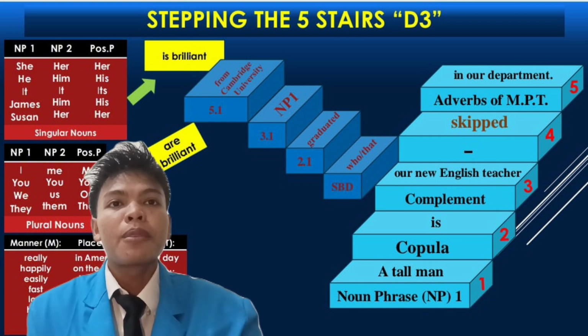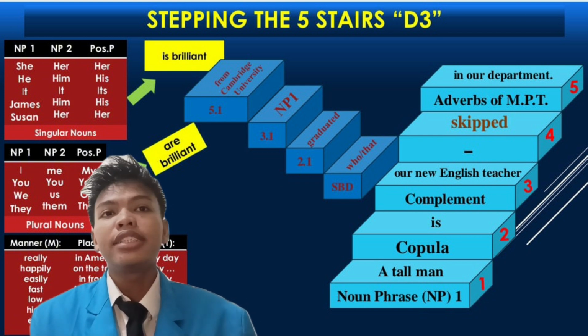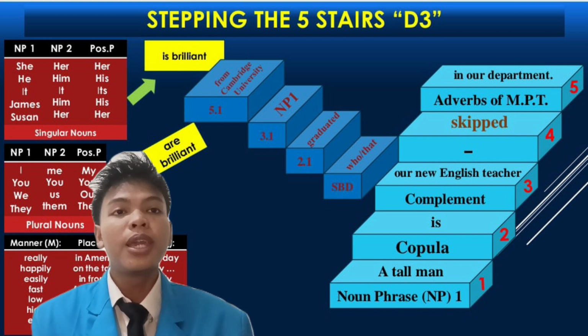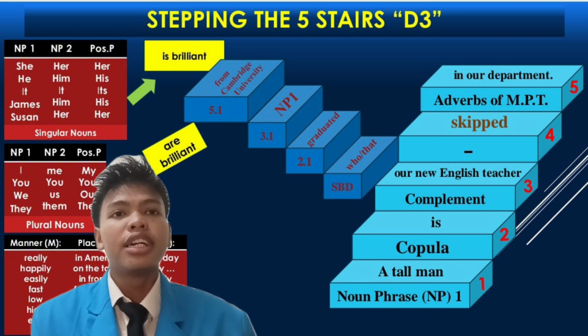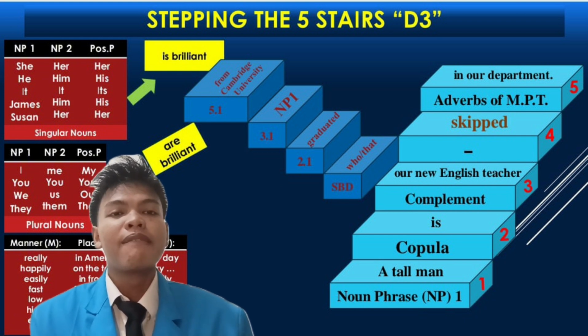And then now let's add a relative clause to give more information about the subject. The new sentence becomes: a tailman who graduated from Cambridge University is our new English teacher in our department.